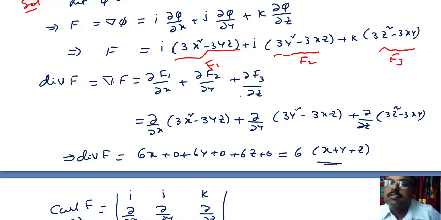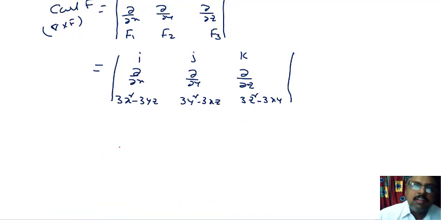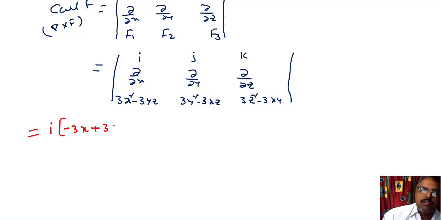So substitute all these values in this determinant, then find the determinant. i into dou by dou y of this term is minus 3x. Dou by dou z of this term is minus, or minus plus, 3x. Minus j into dou by dou x of this term is minus 3y.